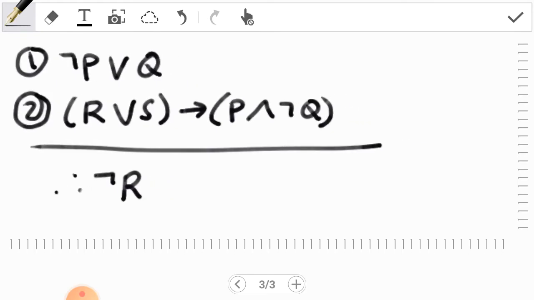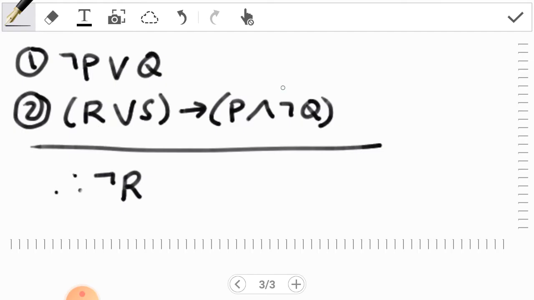Okay, so how do we start with our proof? Let's first analyze our premises given. We have not P or Q, and the second premise is R or S implies P and not Q. Our conclusion is just the proposition R. Of course, it's not R, but what I'm pointing out here is we only have a single proposition, which is proposition R. Proposition R is found in premise number 2.